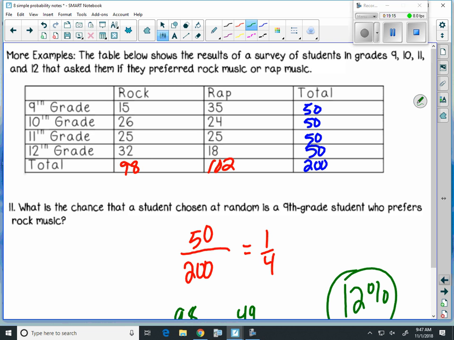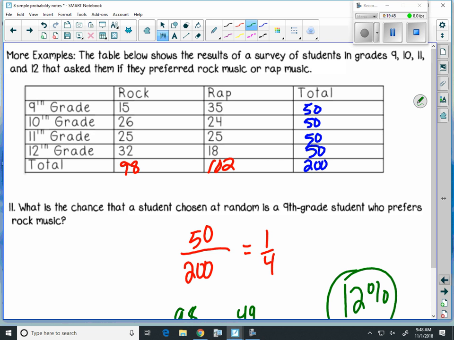Let's look. Oh, they don't want to do it either of our ways. Well, I guess okay. All right, and I think that's what's hard about probabilities. There's different ways of thinking about it.